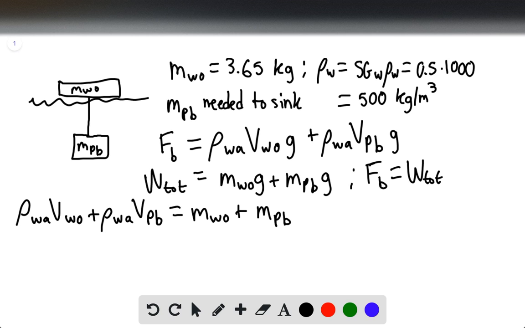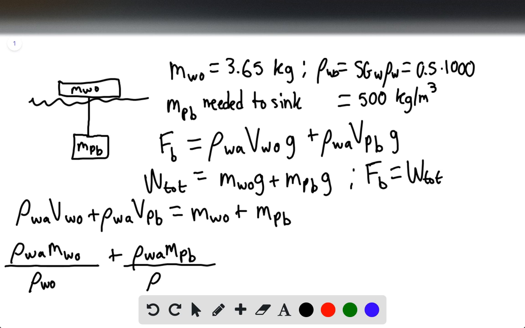We can then solve for these volumes here and say that this is going to be equal to the density of the water times the mass of the wood divided by the density of the wood, and then we'll have plus the density of the water times the mass of the lead divided by the density of lead, which is known. And then this is going to equal the mass of the wood plus the mass of the lead.